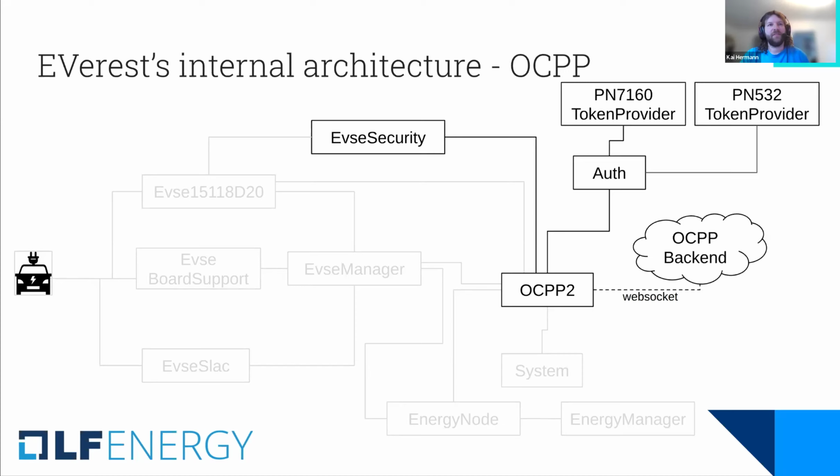It's also connected to an authentication module. In this example, it is hooked up to two RFID readers that can provide so-called tokens that can then be consumed within the authentication system. And you end up with a functioning charger that is also OCPP implemented.